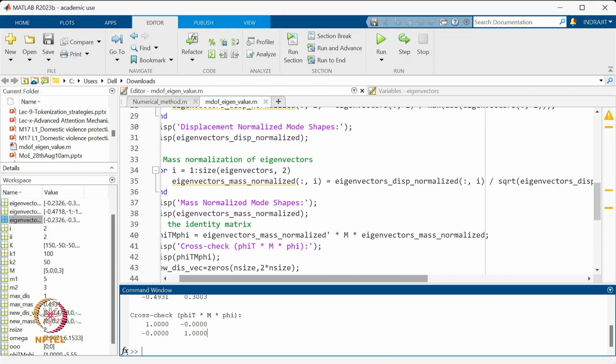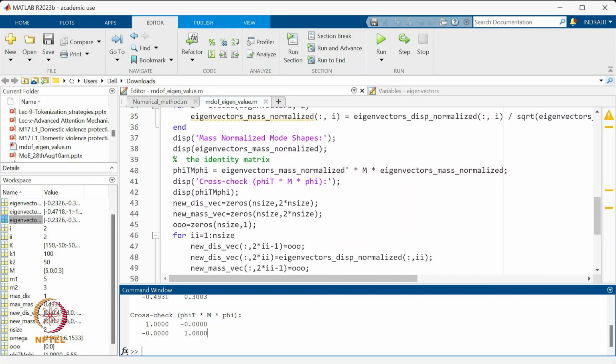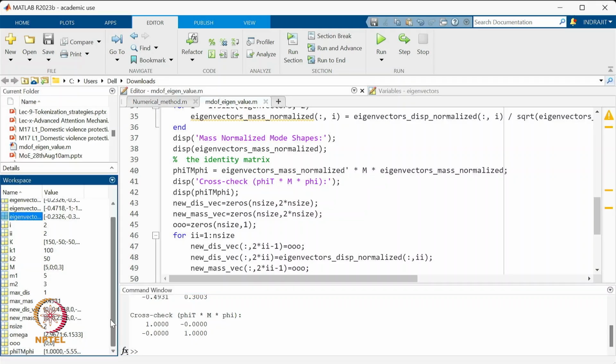Good. You can also cross-check phi transpose m phi. What we have done is mass normalized eigenvectors transpose, into mass, into mass normalized eigenvectors. So what should phi transpose m phi be? It should be 1.